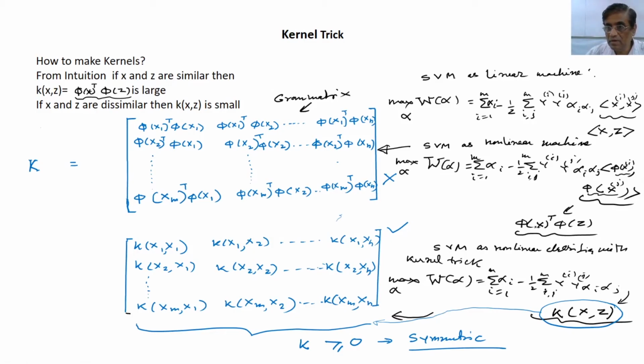If you are computing on the ground the dot product between these two samples, they are in the higher dimensional feature space.